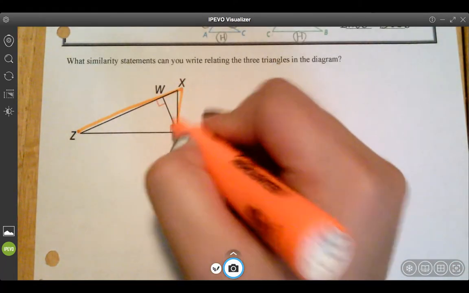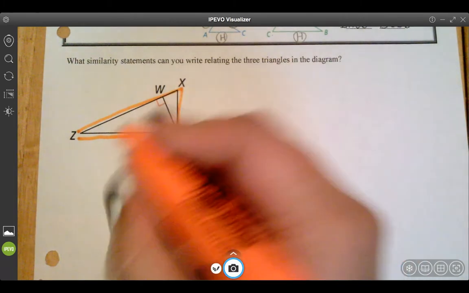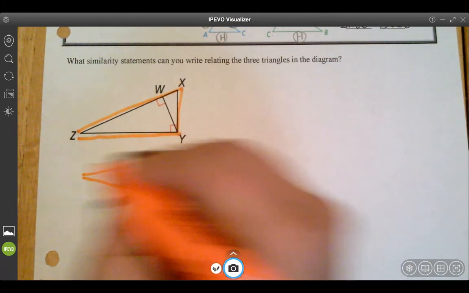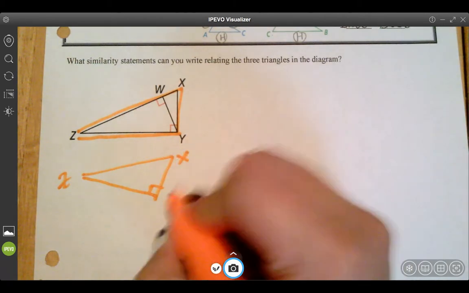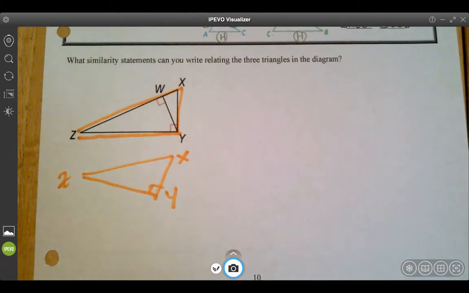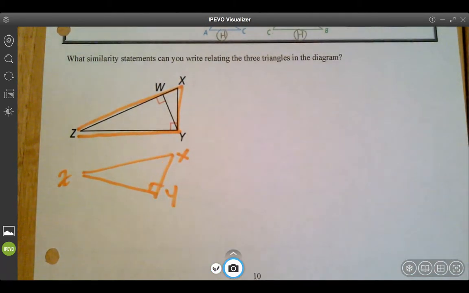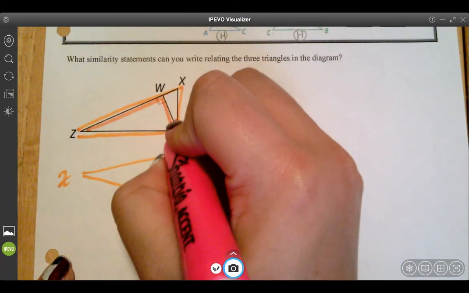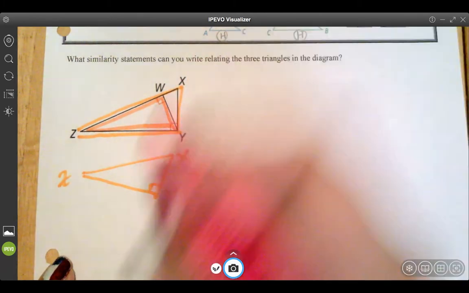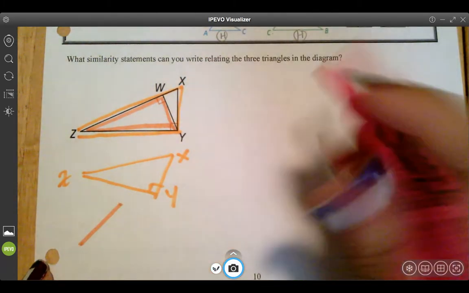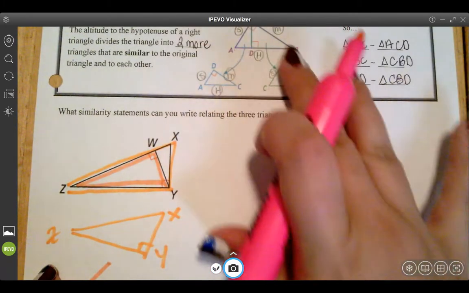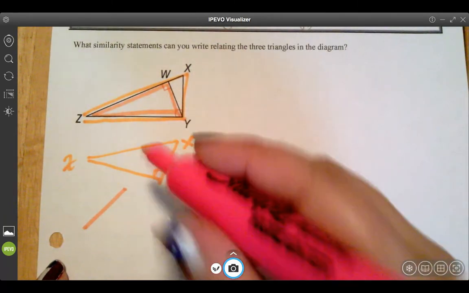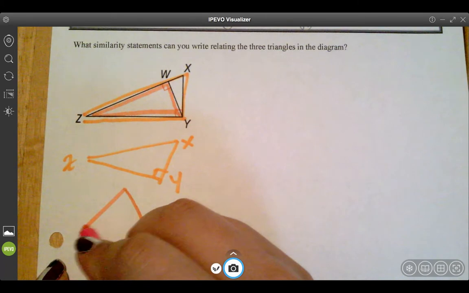Again, it's going to be very useful to have colors. So I'm going to do orange as my outside big triangle, Z, X, Y. I'll use pink for my medium-sized triangle. And instead of trying to write them all facing the same way like they did in the example, I'm going to draw them in the same orientation as the diagram above.